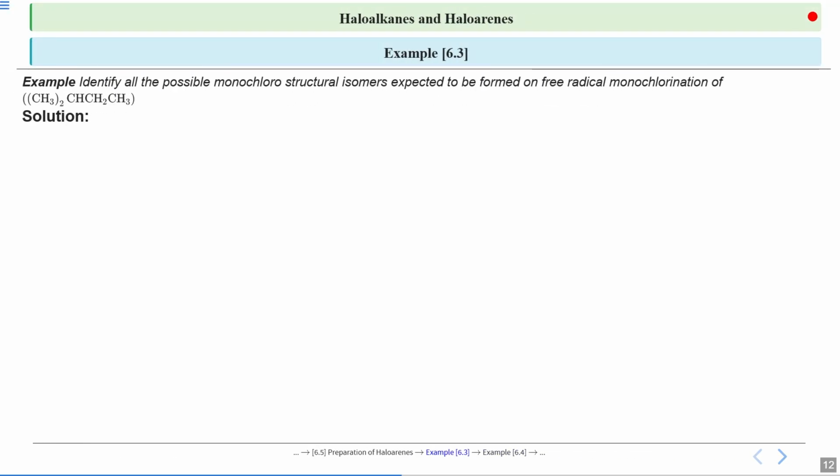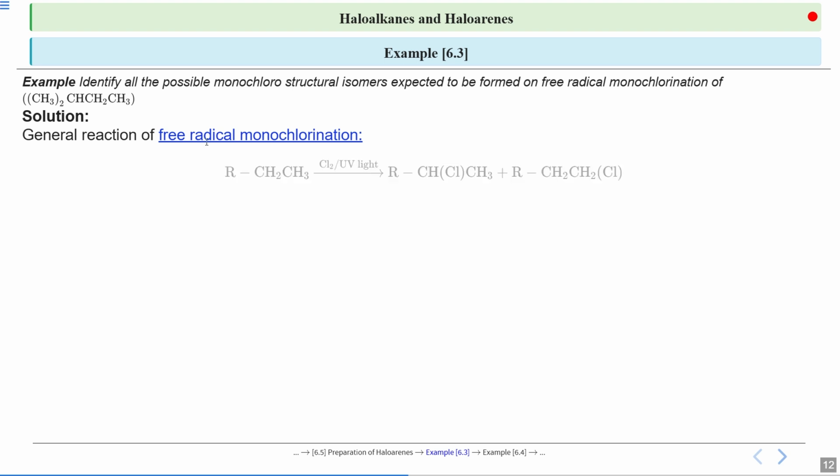So for this example, first of all, we will see the general reaction of free radical monochlorination, how it will happen. If you have an alkane, RCH2CH3, and you react this with the chlorine molecule in the presence of UV light, it is necessary, as I said, that when you do the halogenation of alkanes, you need the UV light for the activation of the chlorine molecule to convert it into free radicals.